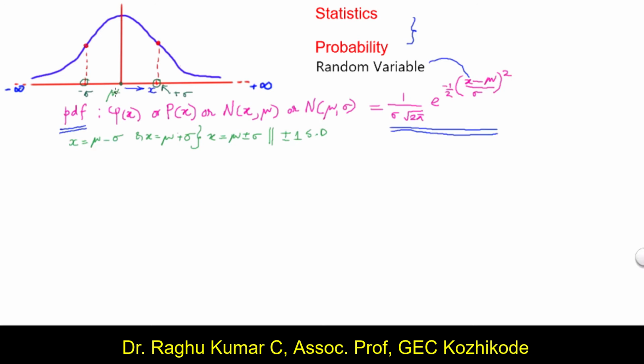So that is why we say these expressions have the same units. You can also use the expression to verify that the unit is same for x, mu and sigma.